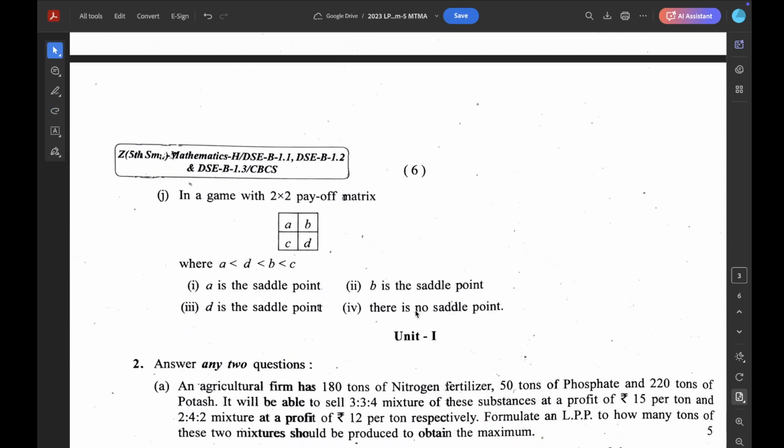Next question, last MCQ, 1J. In a game with a 2 by 2 payoff matrix A, B, C, D, where A is less than D, less than B, less than C: option 1, A is the saddle point; option 2, B is the saddle point; option 3, D is the saddle point; option 4, there is no saddle point.